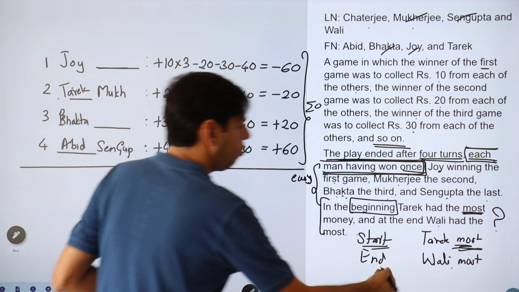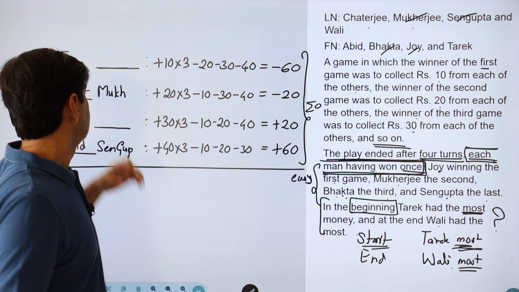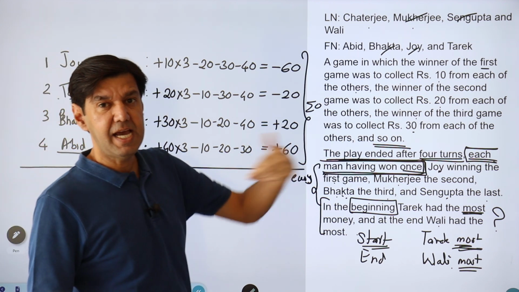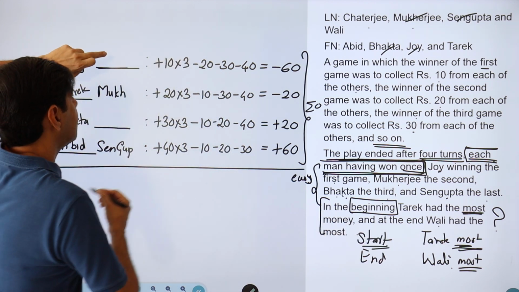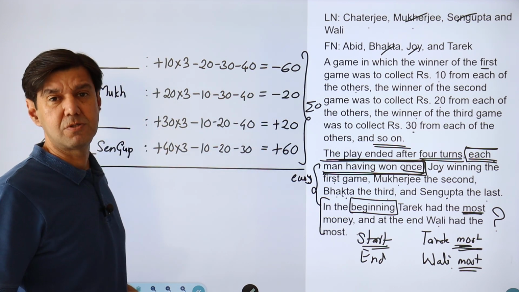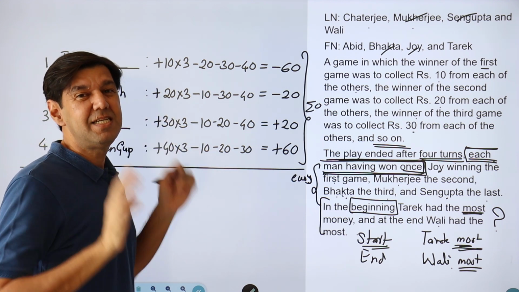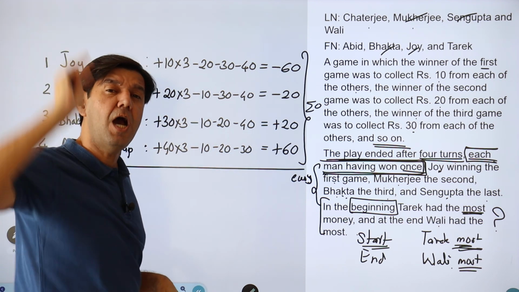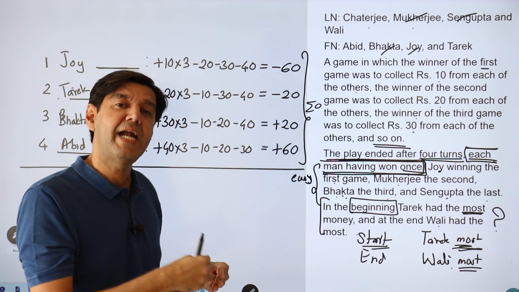Let's look at Wali. Now Wali at the end had the most. So Wali is going to come in one of these two places. At the end he had the most, but he did not start with the most. So let's see. Could Wali have ended up losing the most? As a reasoning, say the case was that Wali was very high at the start, then in spite of losing, he could end up being high.